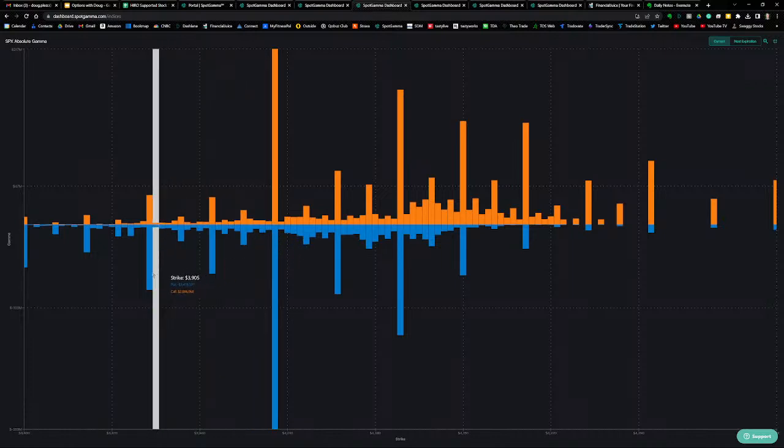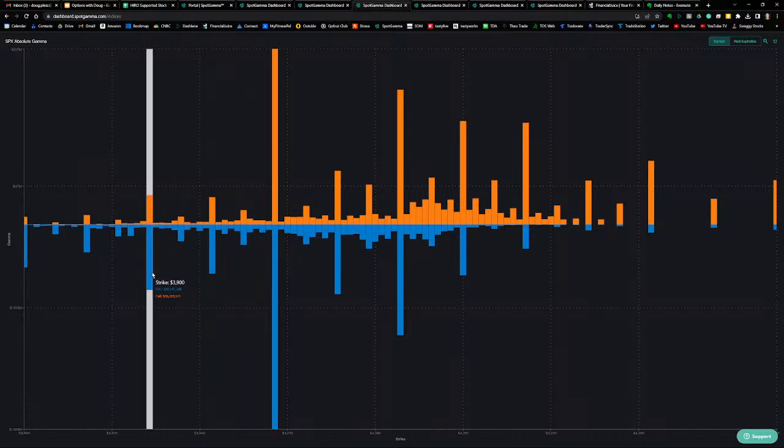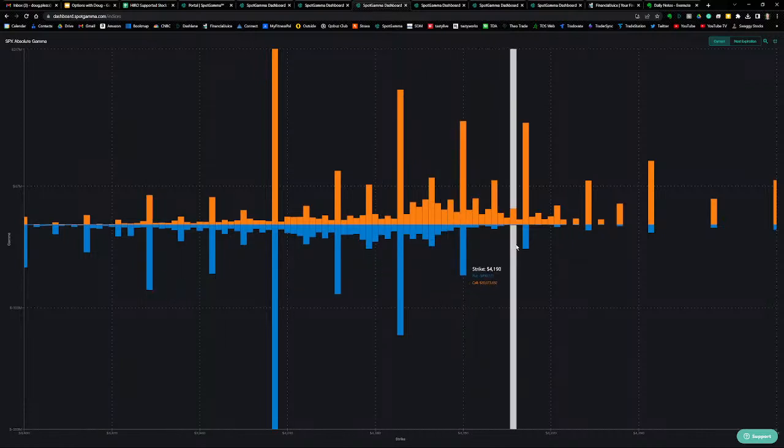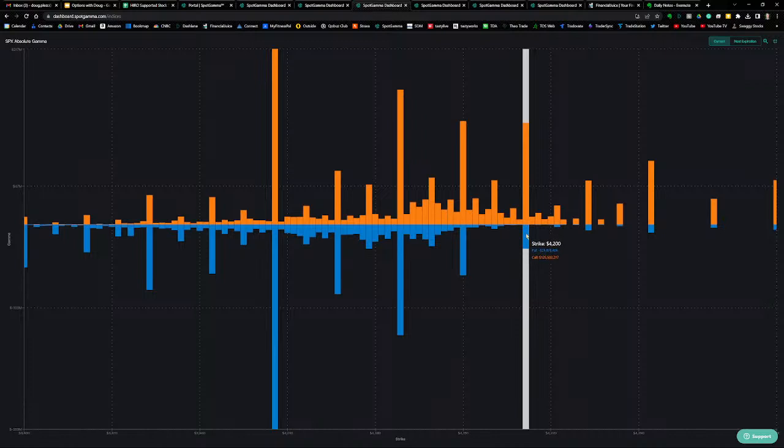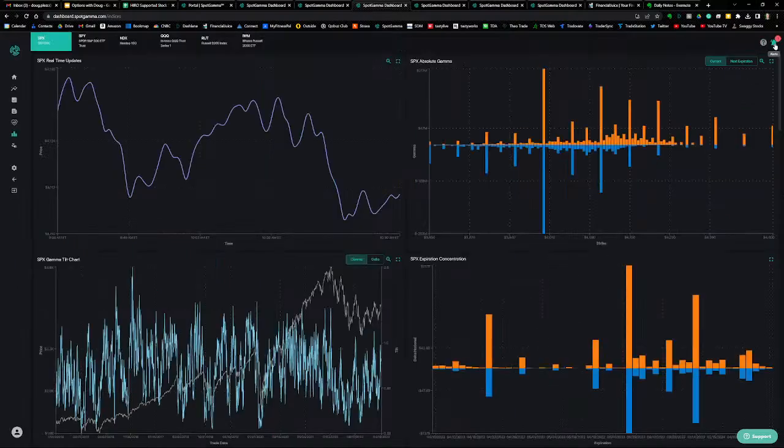And then here's the new put wall at 3900, the strike with the largest net negative gamma that can be expected to act as support. And then here's the 4200 strike, the strike with the largest net positive gamma that can be expected to act as resistance. So that's the SPX. That's where those levels come from.